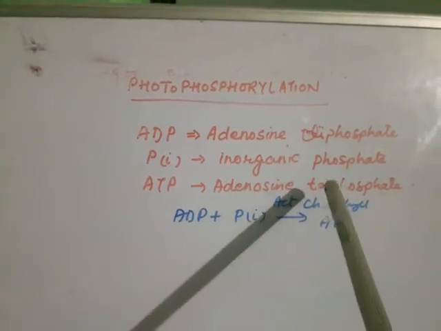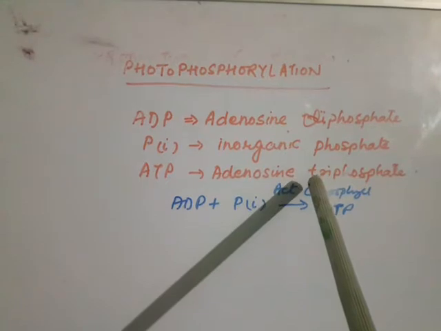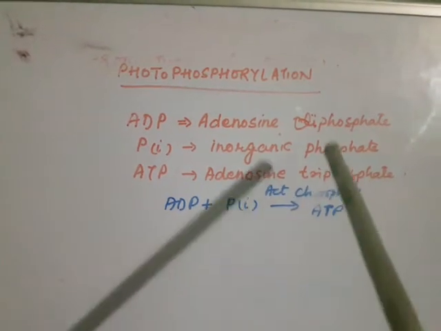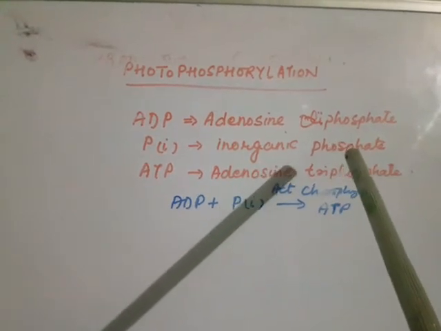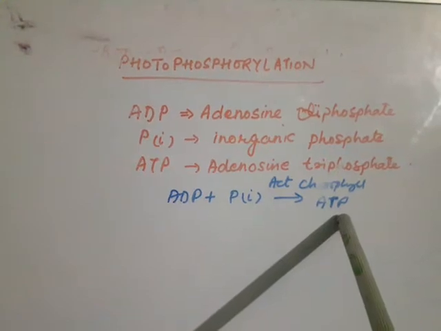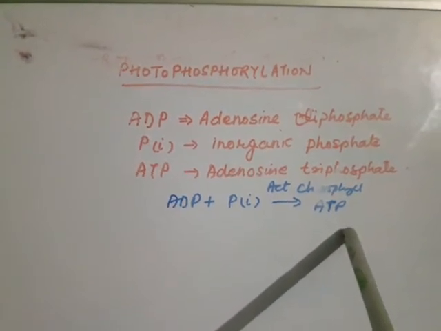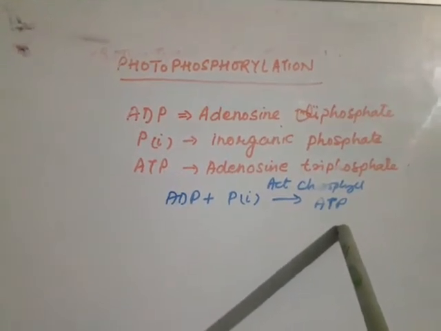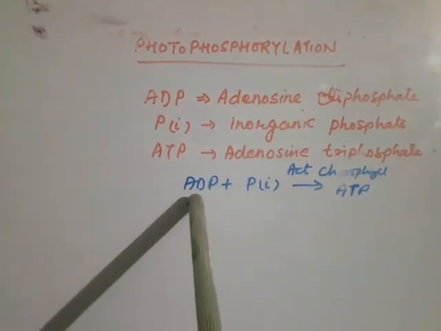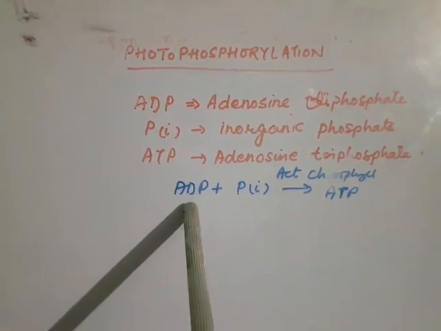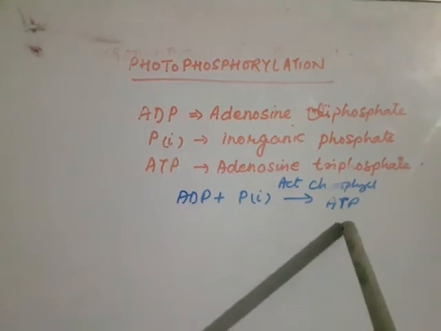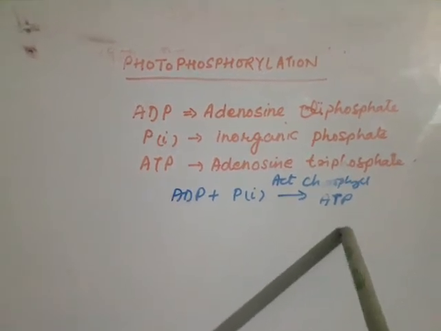Actually the activated chlorophyll releases an energized electron. After the chlorophyll releases the electron, in the presence of this electron, the energy-rich compound ATP is formed. This ATP is formed by the combination of adenosine diphosphate and inorganic phosphate, and the formation of this ATP is known as photophosphorylation.